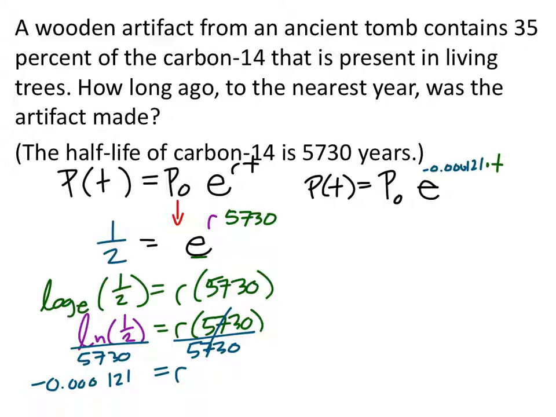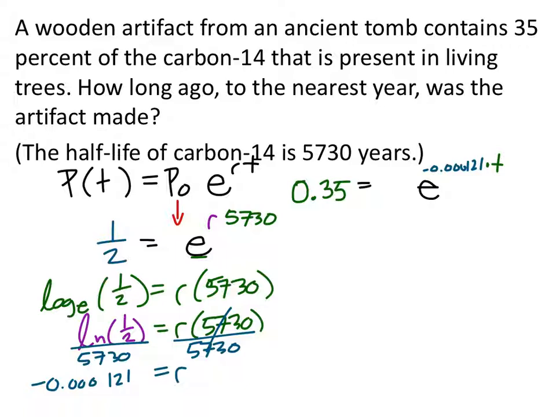Now, 35% is a current value, but it's based on what would have been a future value however many years ago it was, when it was a full artifact. So that means that the future value represented in percent would be 0.35. That's all that we have of what was in the beginning.